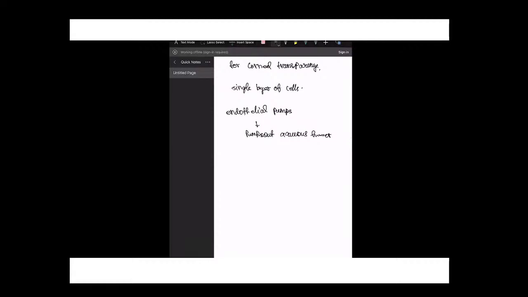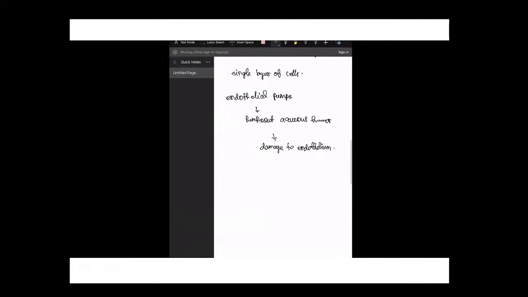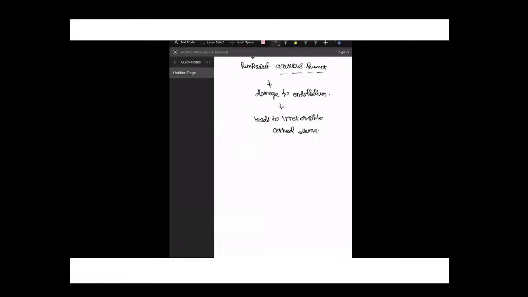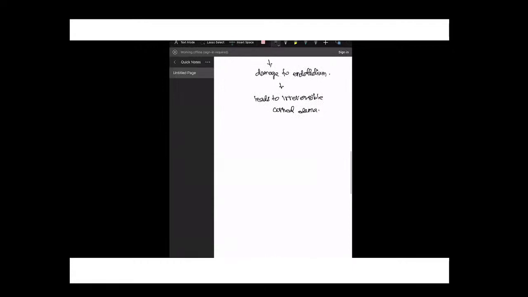If there is any damage to the endothelium, it will lead to irreversible corneal edema as the aqueous humor gets inside. So there is corneal edema.